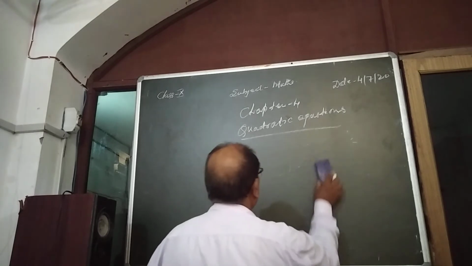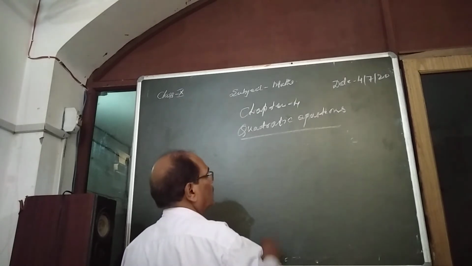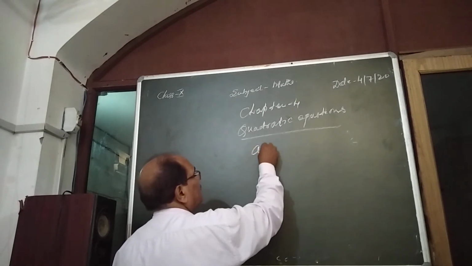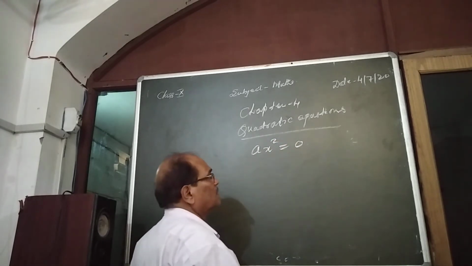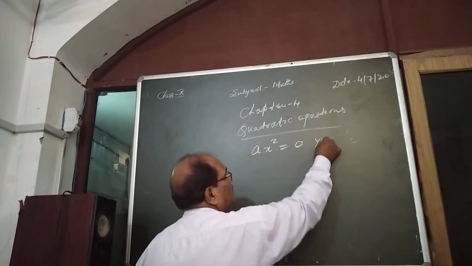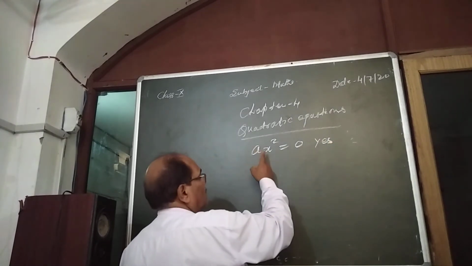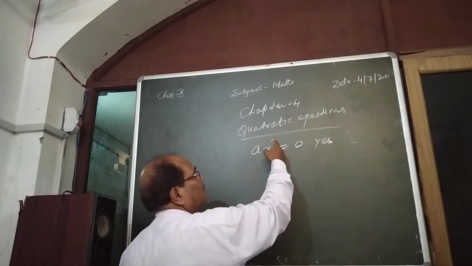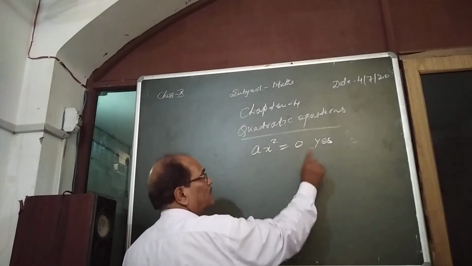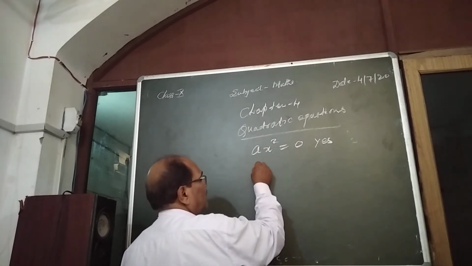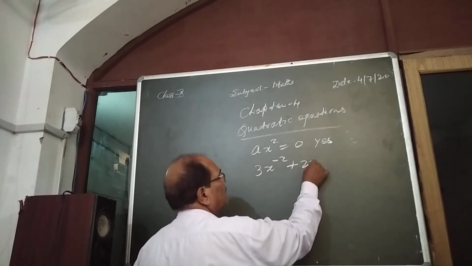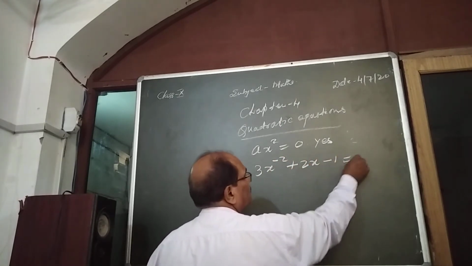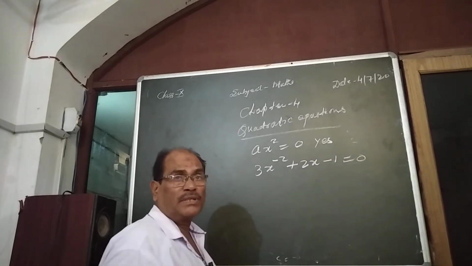So we can tell which one is a quadratic equation or not. Simply, if you write x square equal to 0, is it a quadratic equation or not? Yes, it is a quadratic equation because our condition is one variable and second degree. If you write, suppose, 3x to the power minus 2 plus 2x minus 1 equal to 0, is it a quadratic equation?